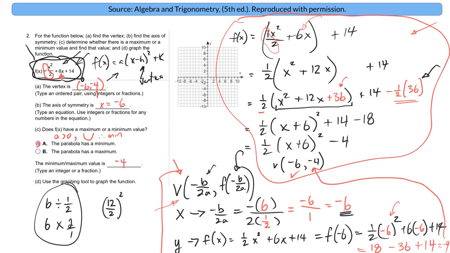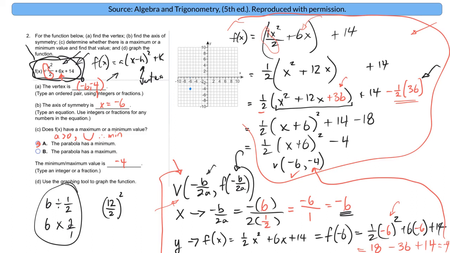And then they say, graph the thing. Okay, let me graph it over here on our graph. So the vertex, let's use blue, is negative 6 and negative 4. So negative 6 there, negative 4 right about there. So that's the vertex, and I know it goes up.